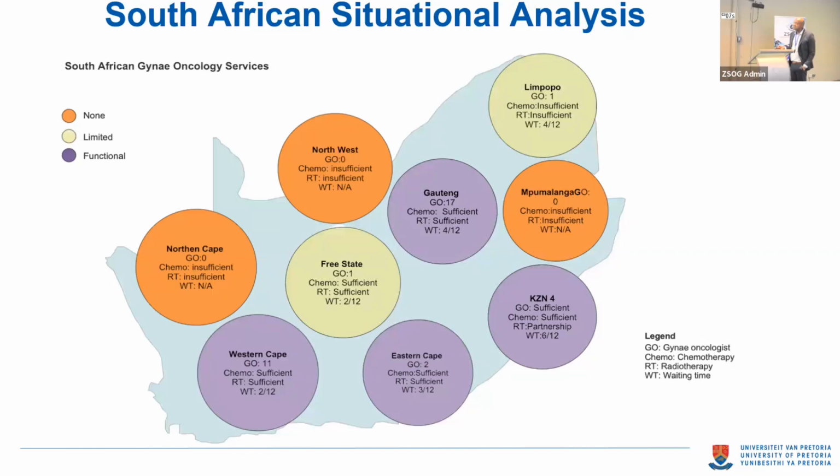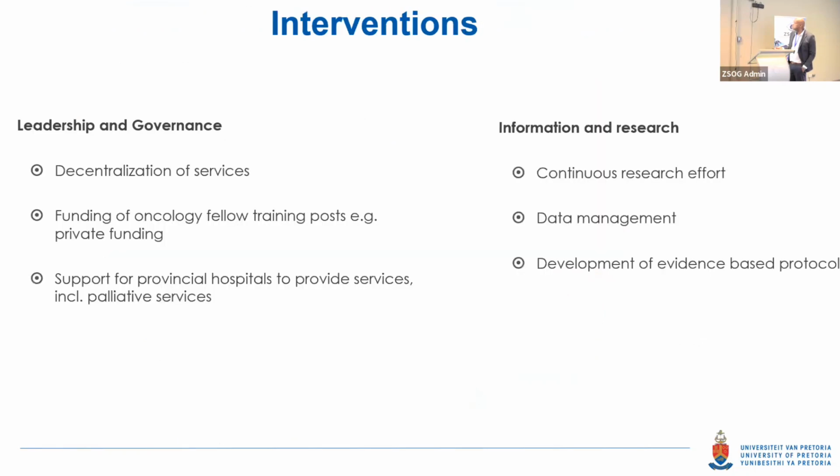Radiation facilities are also sufficient, but the waiting time from the time a patient is discussed takes about 4 months. And for the other ones, it is roughly 3 to 6 months. But it's worse in the provinces where there are no gynaecology services. So clearly we have a problem.